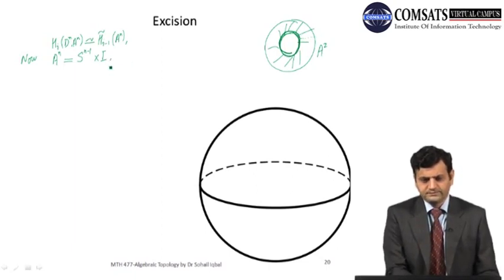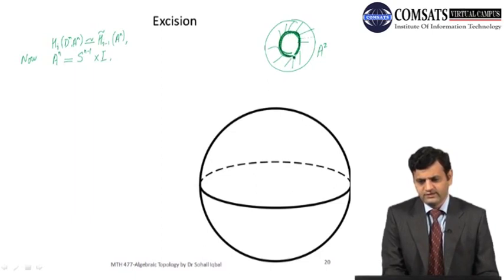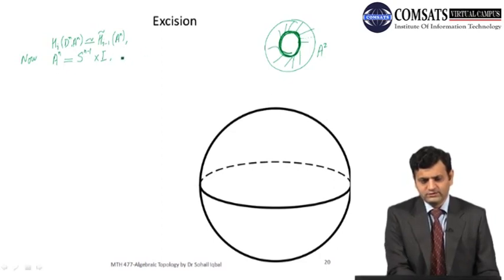Also, this annulus has the inside circle as a deformation retract. So Sn minus 1 is a deformation retract of An.